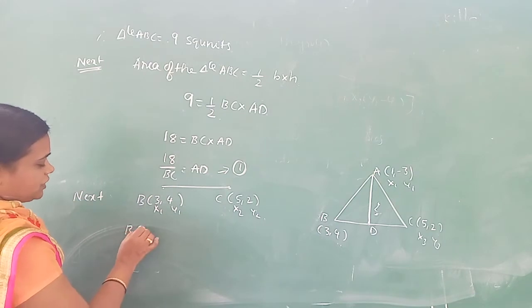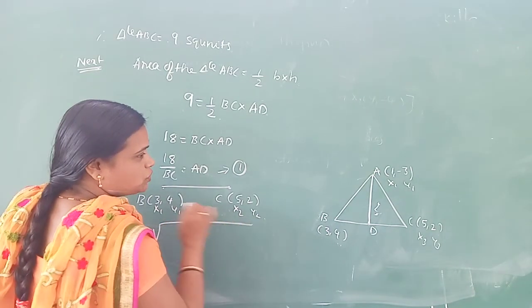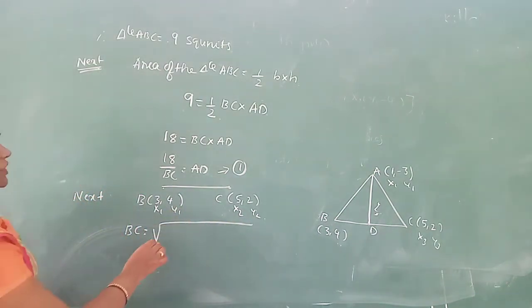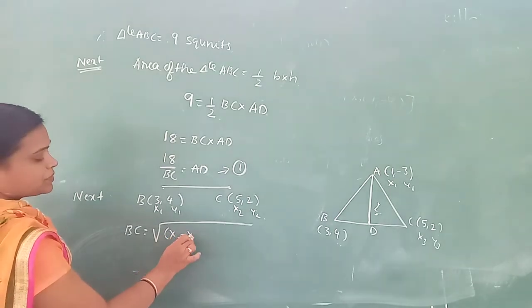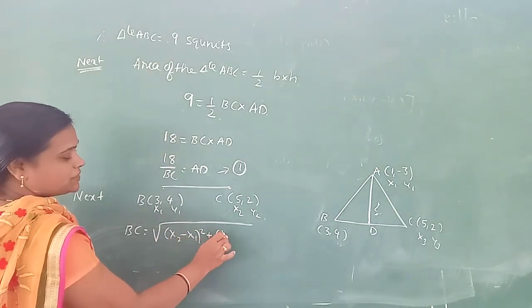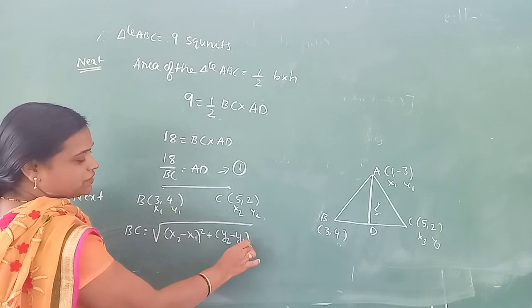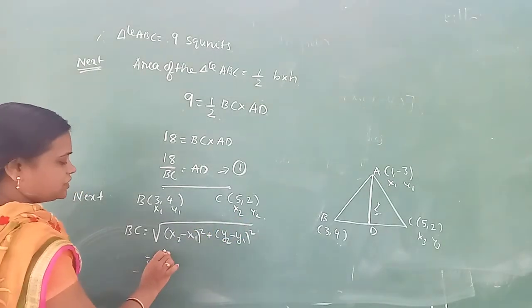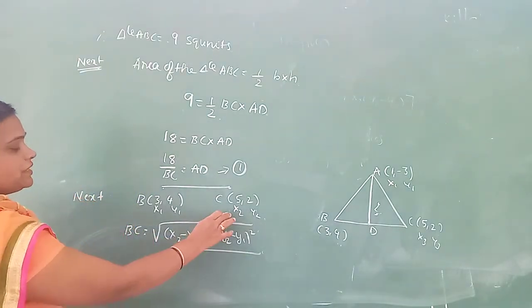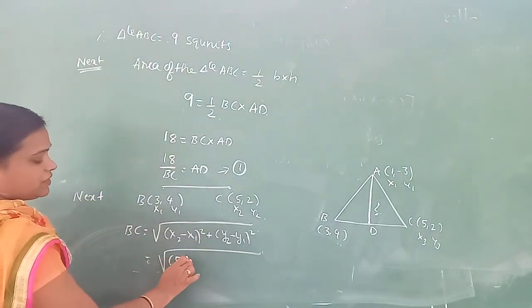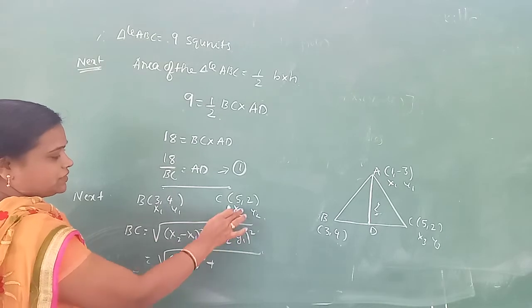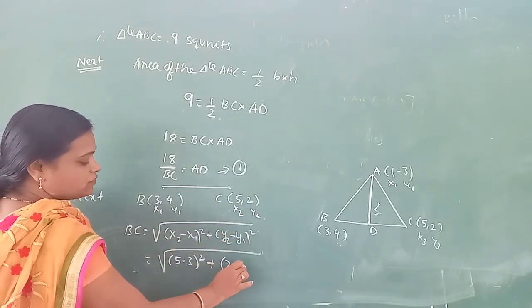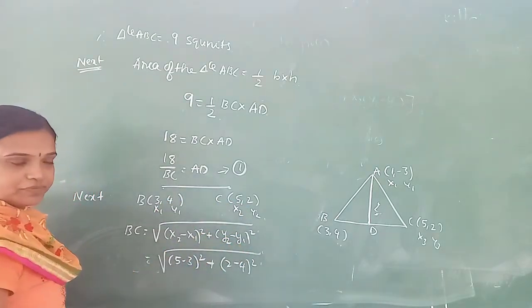As you know, the formula is the root of (x2 minus x1) whole square plus (y2 minus y1) whole square. Correct. Next, this is root of (5 minus 3) whole square plus (2 minus 4) whole square.